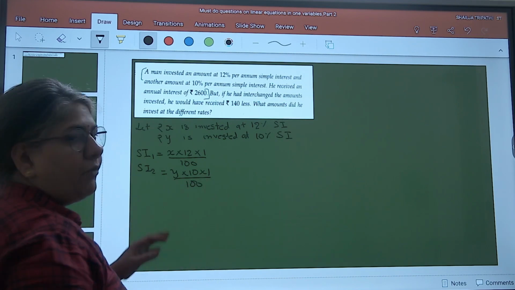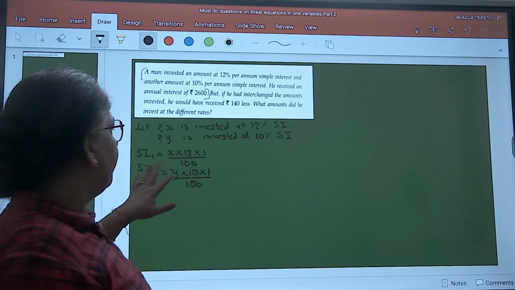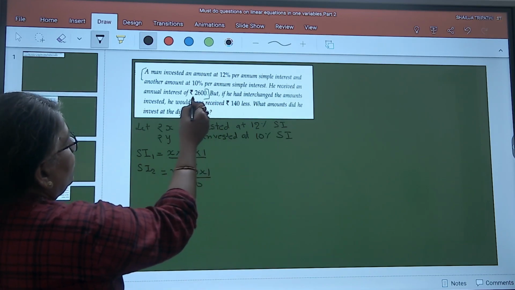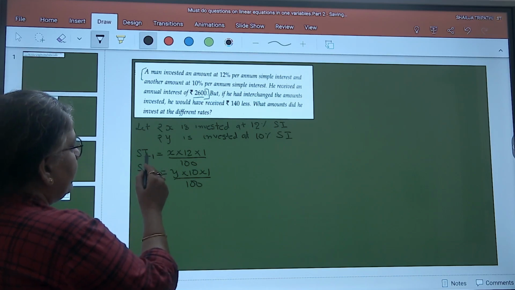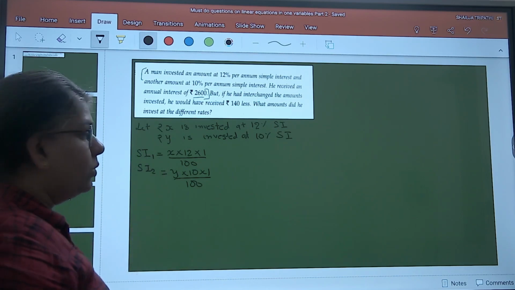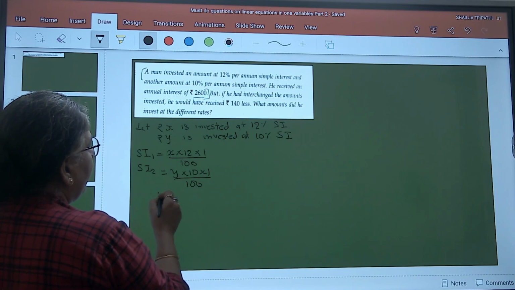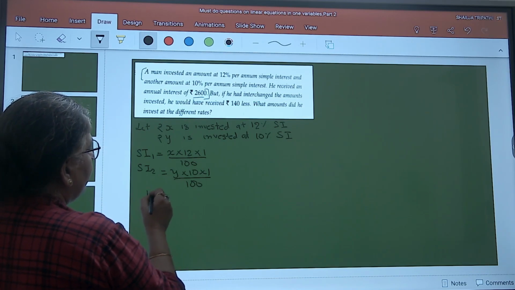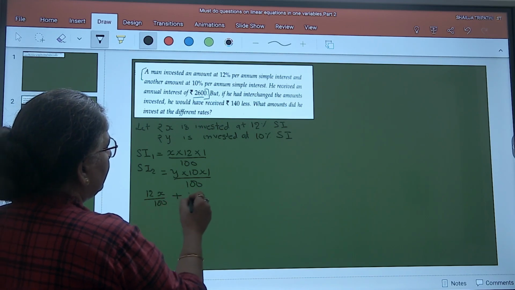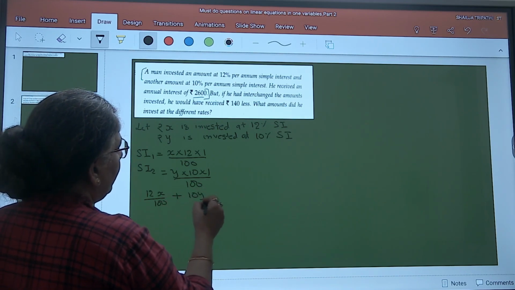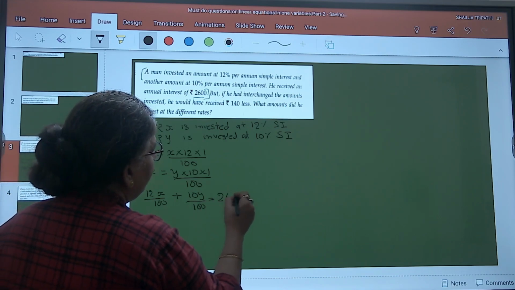So applying the formula of simple interest, that is PRT upon 100. Now this total interest amounts to rupees 2600, that is SI1 plus SI2 is equal to 2600. So we can write 12x upon 100 plus 10y upon 100 is equal to 2600.